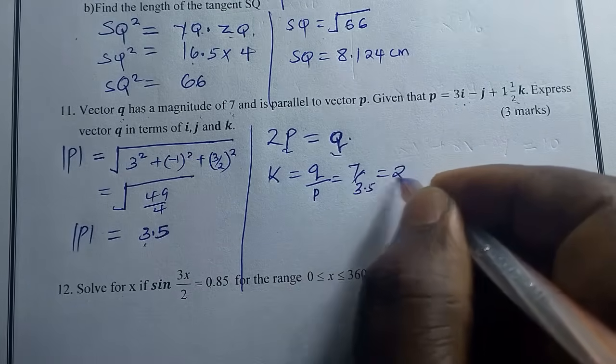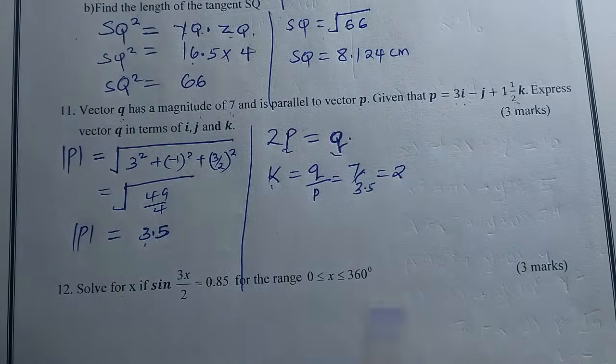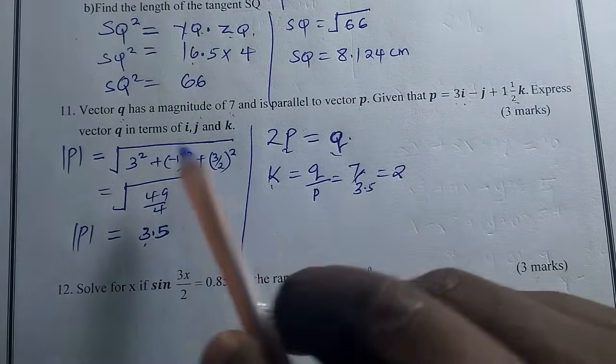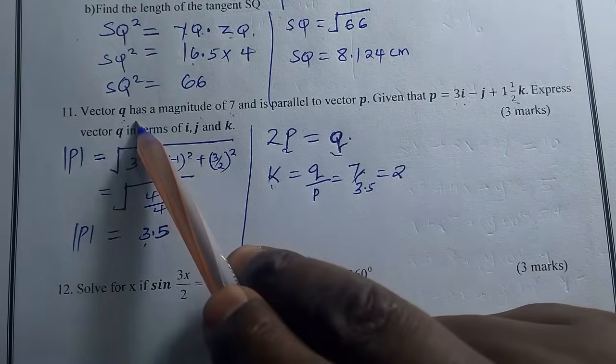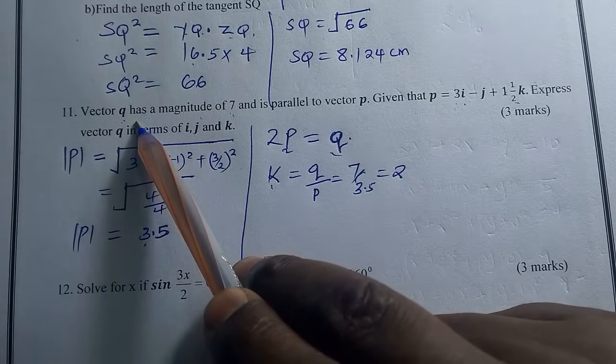So our K, the constant, is 2. So Q is twice P.